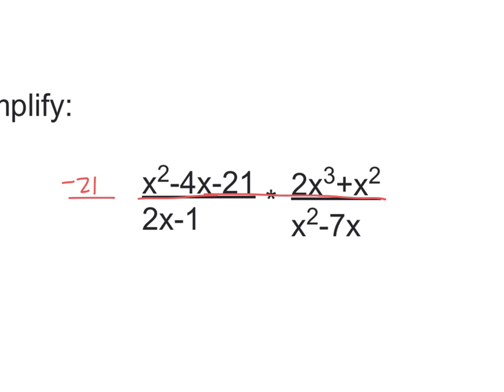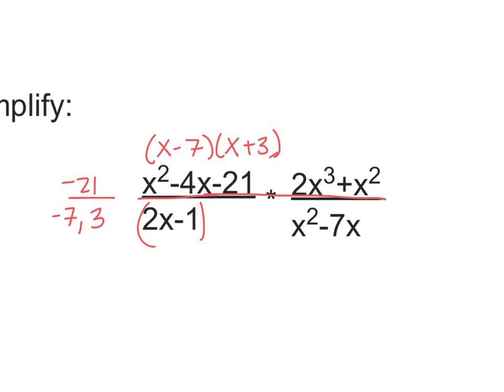So let's see, figure out which ones we're using. And we get negative 7 and 3. So we get x minus 7, x plus 3. And this right here doesn't change. We can't take anything out, so it's just 2x minus 1.